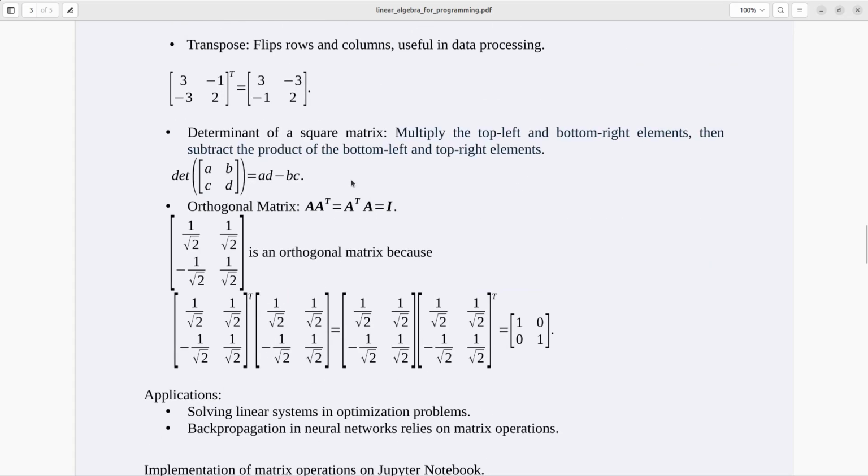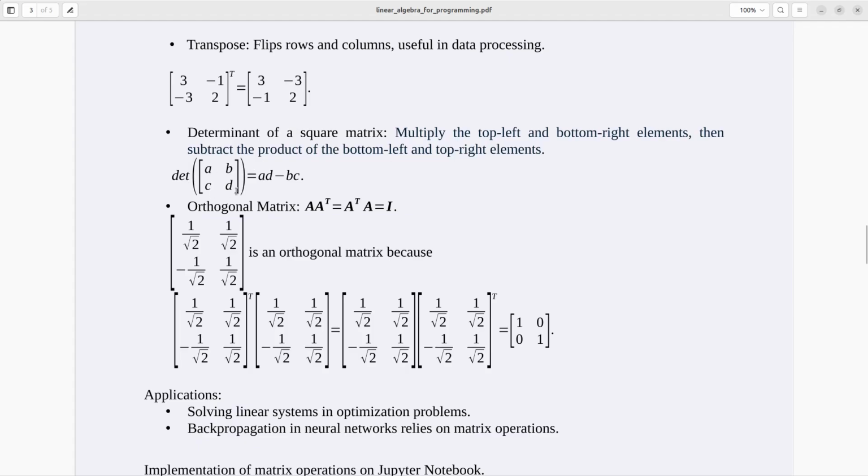And we can talk about the determinant of a square matrix. How can we get the determinant? We can multiply the top left and bottom right elements and then subtract the product of the bottom left and top right elements for a 2 by 2 square matrix, okay? So if we have a 2 by 2 square matrix A, B, C, D, then the determinant of this matrix is equal to AD minus BC.